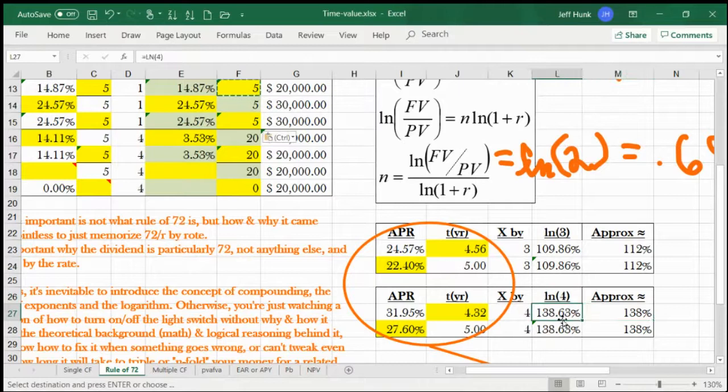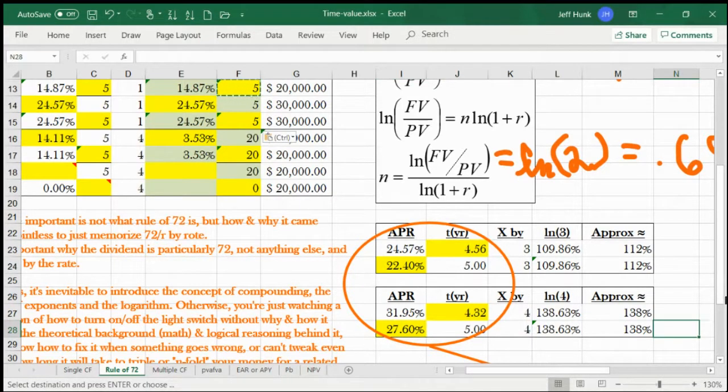So natural log of 4 is almost that number, not approximation. But then, actually this would be the APR to triple your money over 5 years. But if you use something like rule of 138, then time becomes very inaccurate. Also, if you want to quadruple it in 5 years, APR becomes this inaccurate.